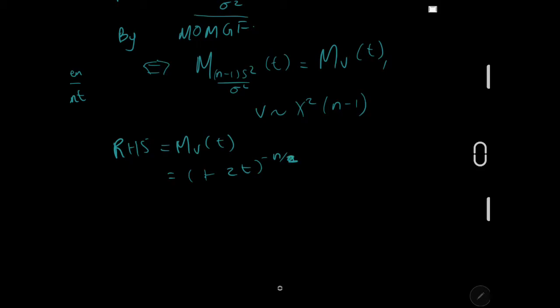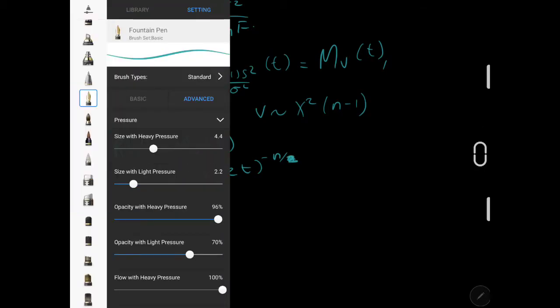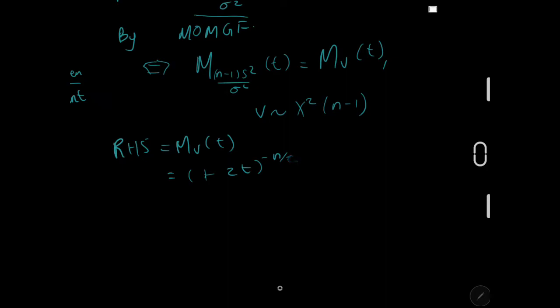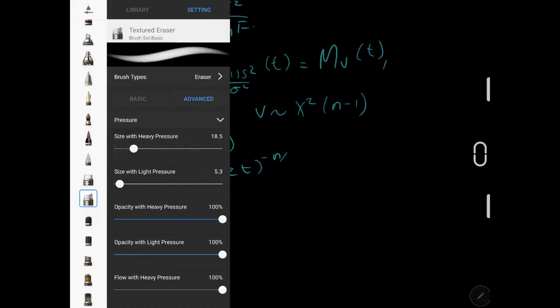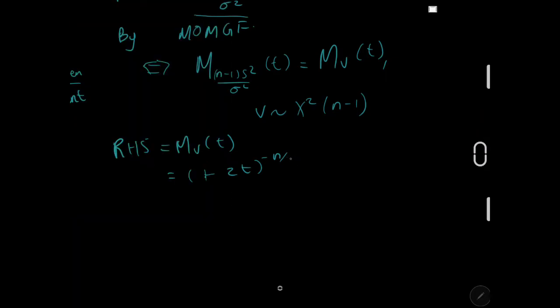That should be a 2. So that is a 2. Okay, so that's just showing what the right-hand side is equal to. The left-hand side, yeah, that's going to take some work.